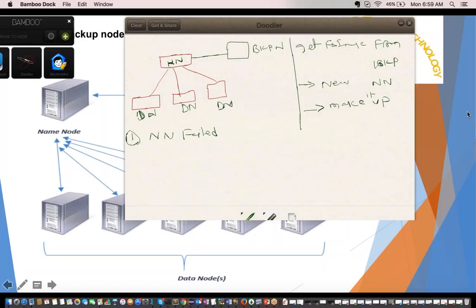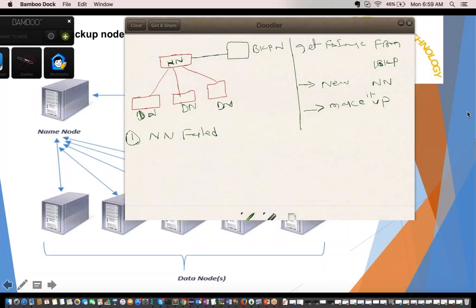Ramya, is your question clear? Is your doubt clear? Okay, good. To avoid the time delay, this approach reduces it compared to the old approach, but it still has some delay.